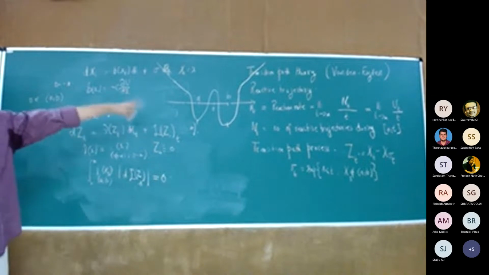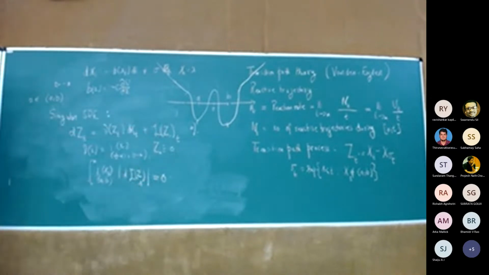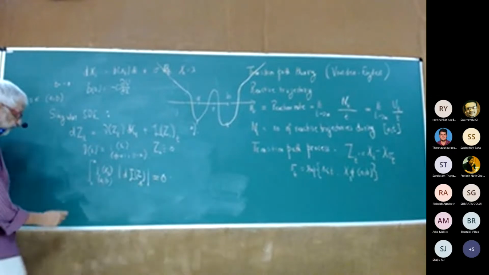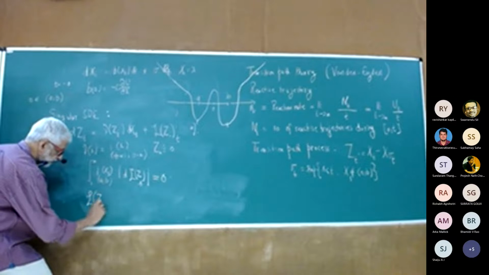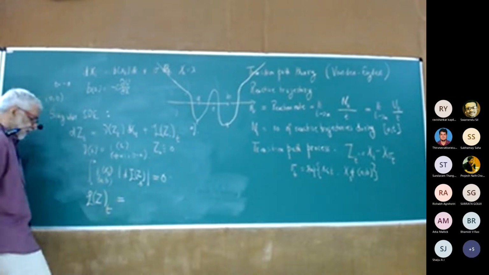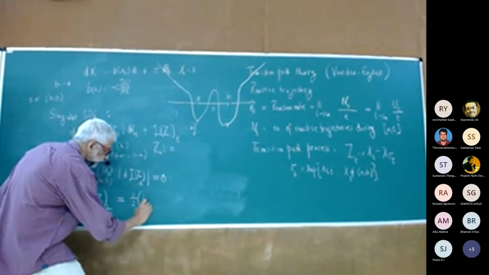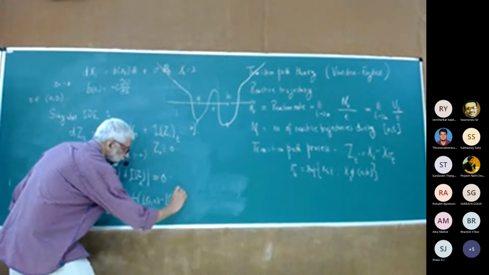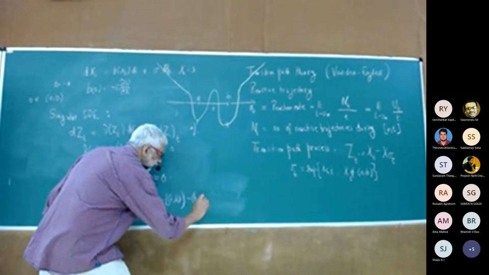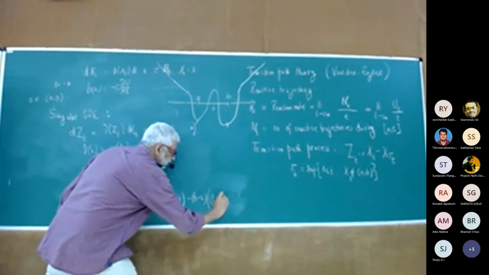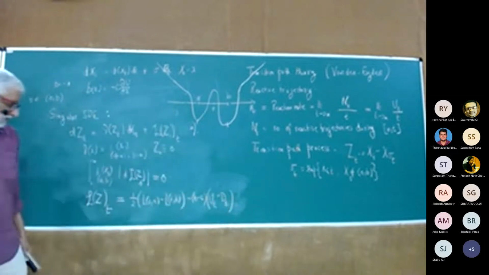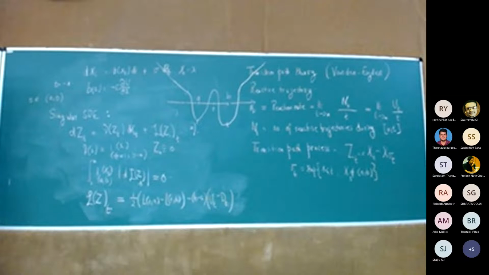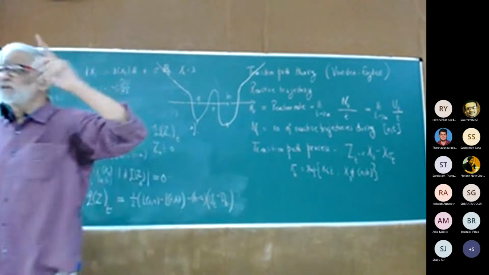So remember, Z_t has these jumps also, and we have an explicit expression for L of Z: half L_t^A minus L_t^B, minus (B minus A) times (U_t minus D_t), where U_t and D_t are the number of up crossings and down crossings in 0 to T. They differ by plus or minus 1.